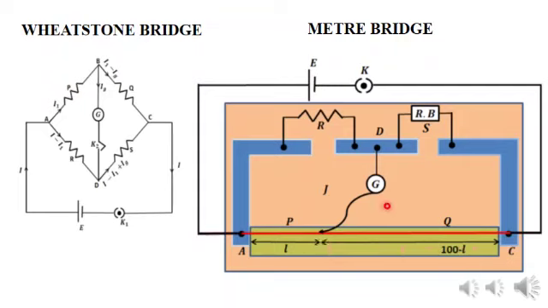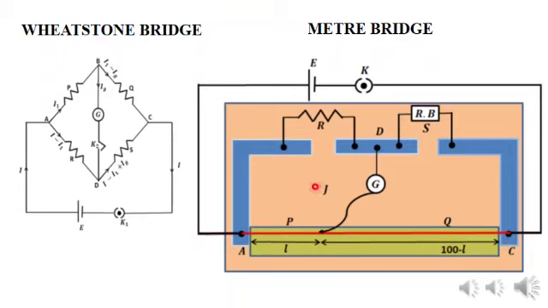Meter bridge consists of 1 meter long straight resistance wire stretched along a meter scale, which is fixed on a wooden board. The ends of the resistance wire are fixed between two L-shaped thick copper strips, that is at A as well as at C. These copper strips are also fixed on the wooden board.